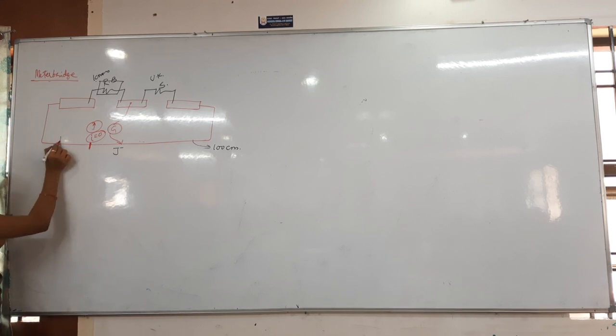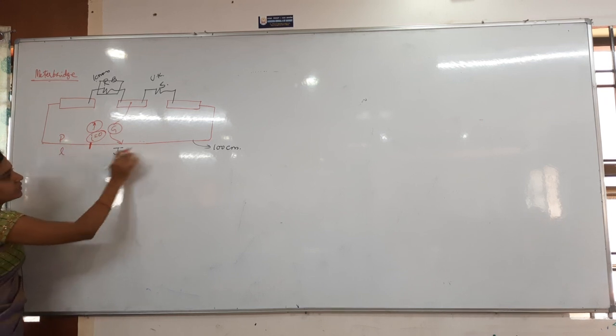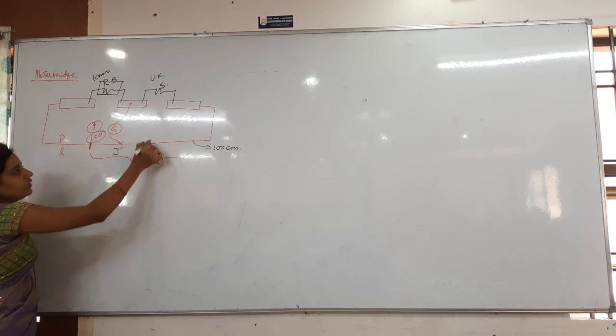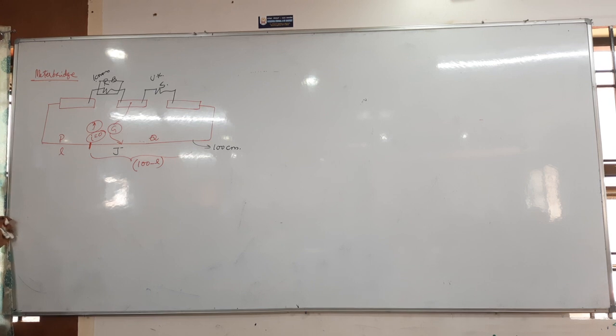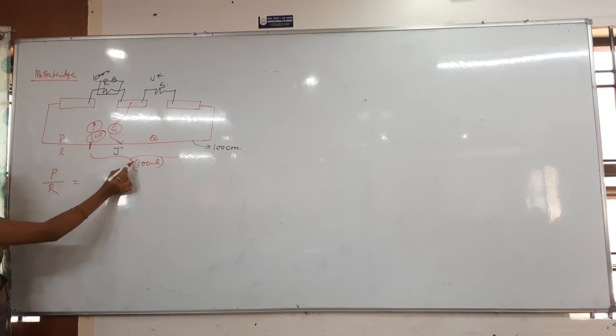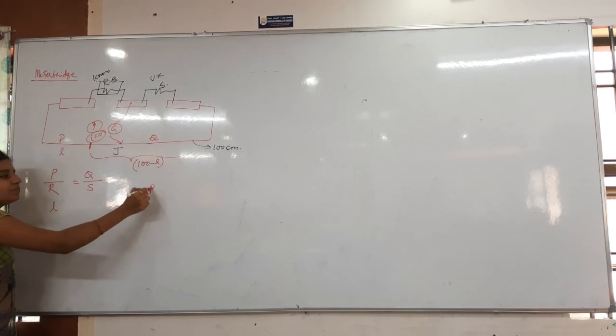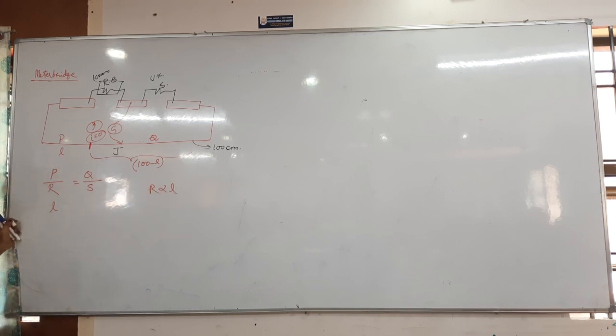Now let me take this wire of length L, and its resistance is P. The remaining wire is 100 minus L, since 100 is the total, and its resistance is Q. Now whenever the bridge is balanced, P by Q is equal to R by S. Here P is proportional to length L, because resistance is directly proportional to L and inversely proportional to area.